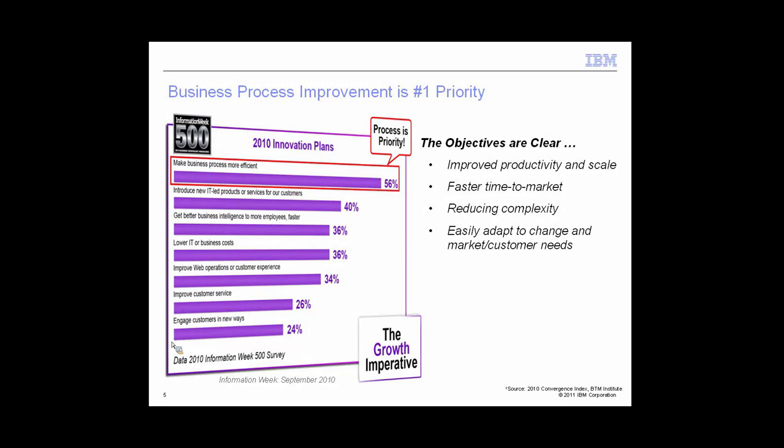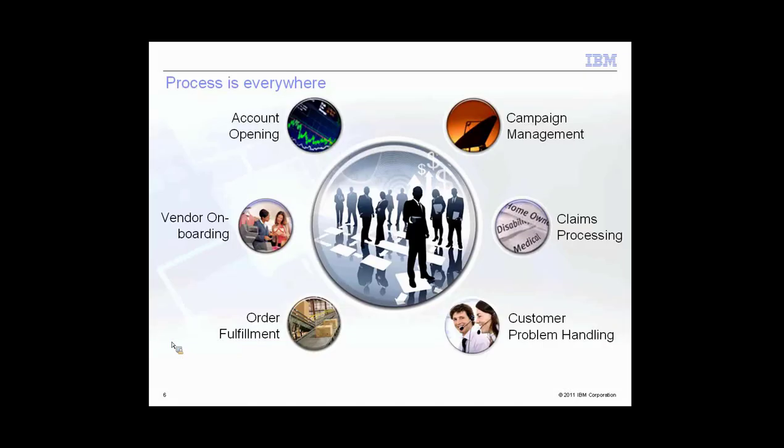So congratulations for being in the room, because this is exactly where you need to be. It's exciting as well, but there's really an imperative to do this right. So clearly, I'm probably preaching to the choir. There are processes everywhere. So even organizations that don't have a strategy for business process management are handling processes already, right?